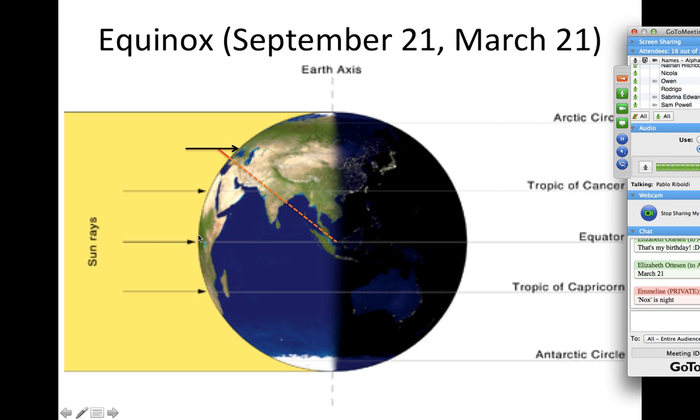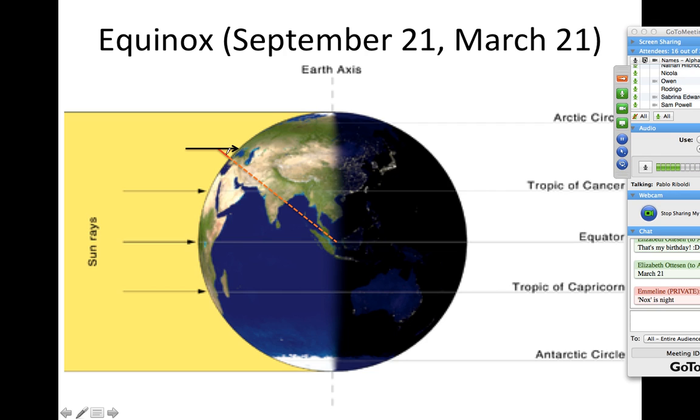So during this day, what happens is that if you have a stick on the ground or something vertical, the angle between that stick and the line of shadow is going to be equal to the angle at the equator.